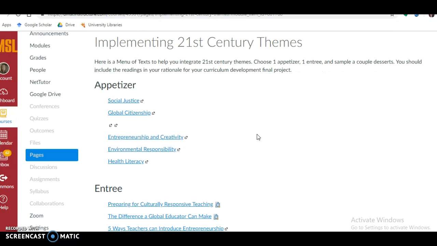Just to be clear, there are many 21st century themes, but the ones according to the Partnership for 21st Century are as follows: social justice, global citizenship, entrepreneurship and creativity, environmental responsibility, and health literacy. So that is where these themes came from. And I've also heard several of you talking about personal financial literacy, and I think that we are going to see that becoming a theme as well.